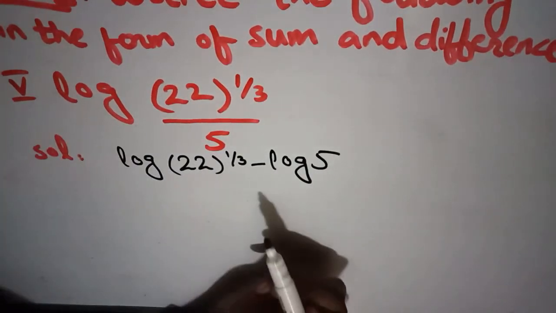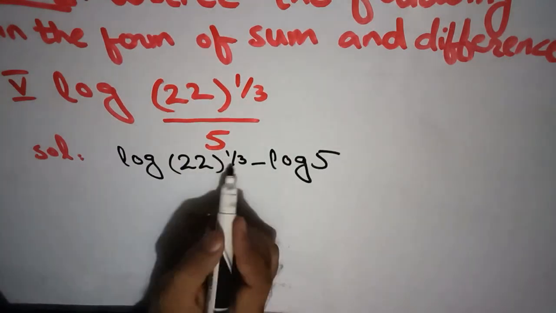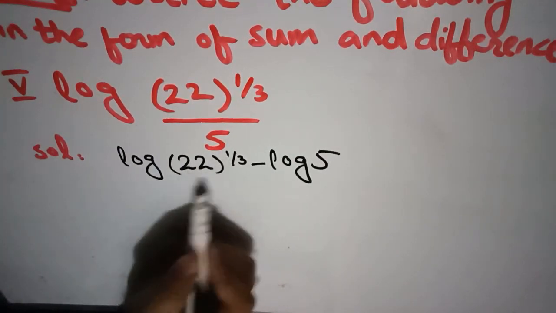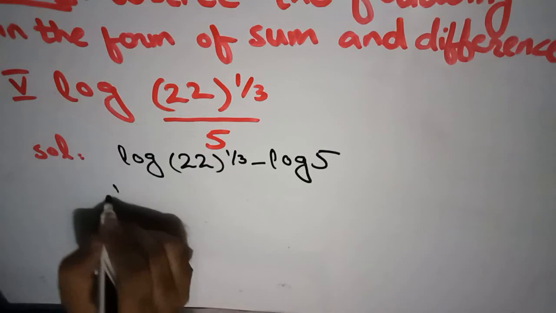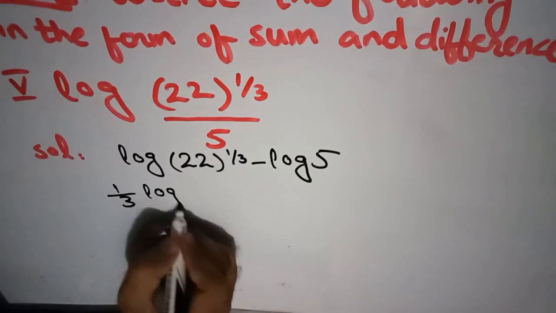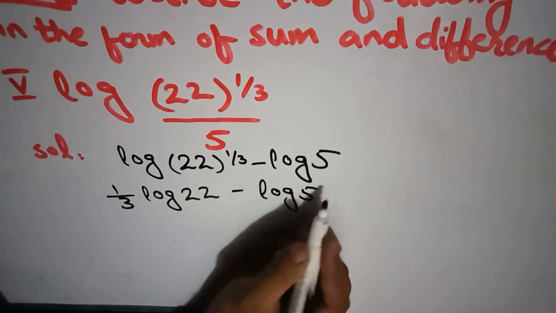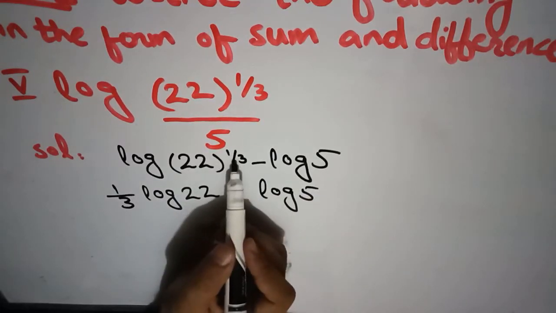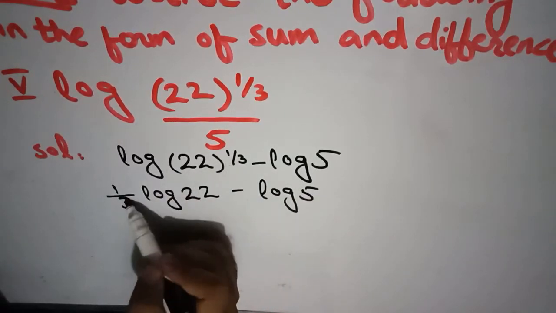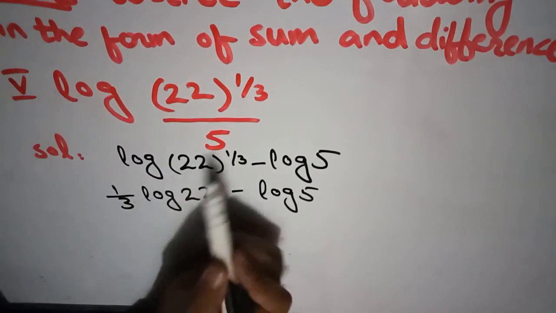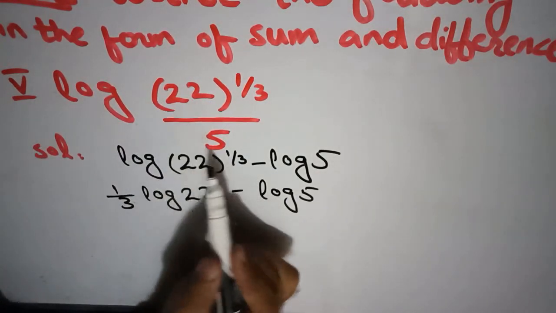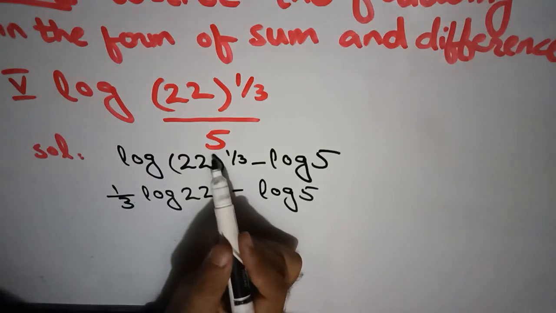Now you will use this property: the power 1 by 3 will come before the log. So there will be written 1 by 3 log 22 minus log of 5. Only this power will be written before the log 22, because it is the power of the 22, not of 5. Keep this in your mind. So it is the answer.